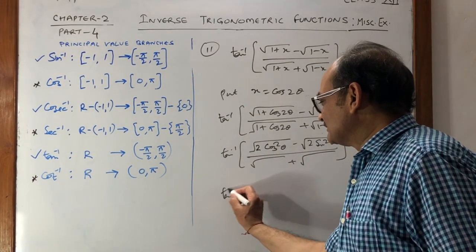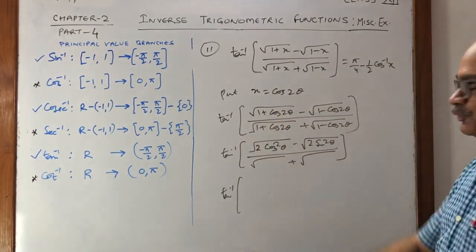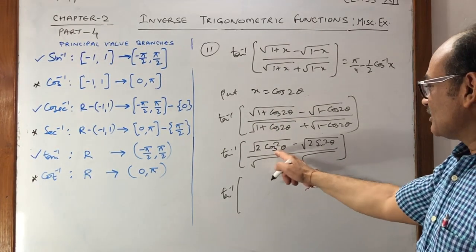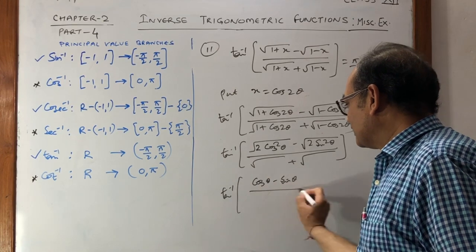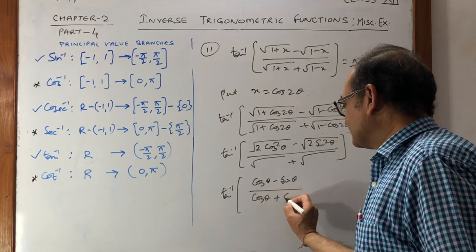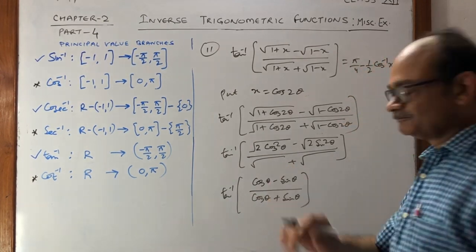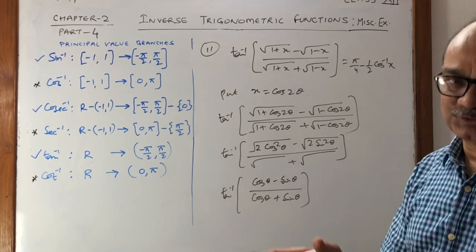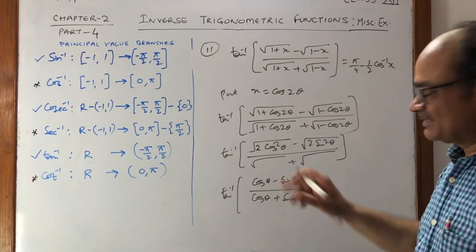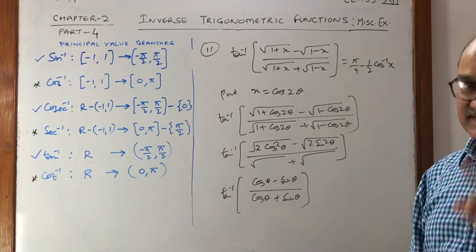Tan inverse, root 2 common cancels out. It will become cos theta minus sin theta, and cos theta plus sin theta. Some steps you have to complete now. Cancel root 2, fill in the blanks for these two brackets.